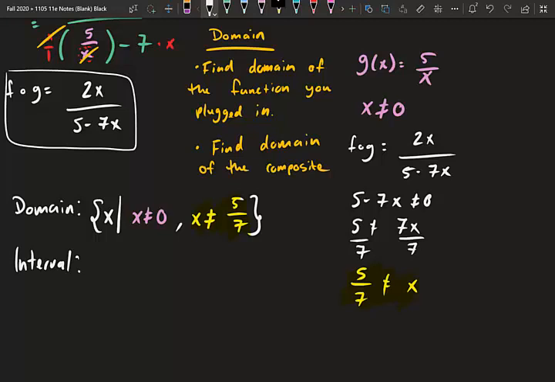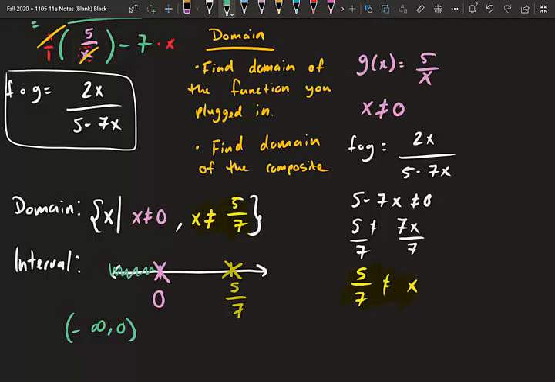For interval notation, I like to make pictures to kind of make sense of what we're doing. So I draw the x number line, and we have x cannot be 0. And then we have x cannot be 5 over 7. So coming from here, that's negative infinity to 0.